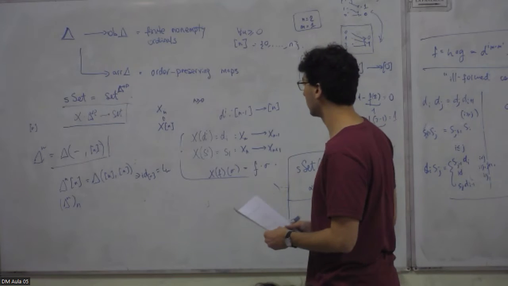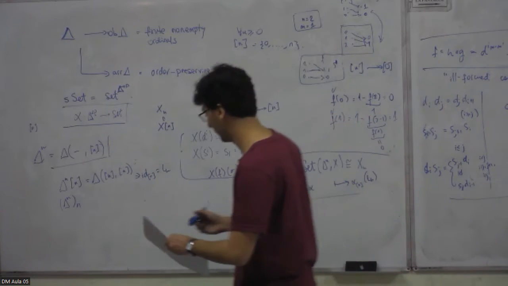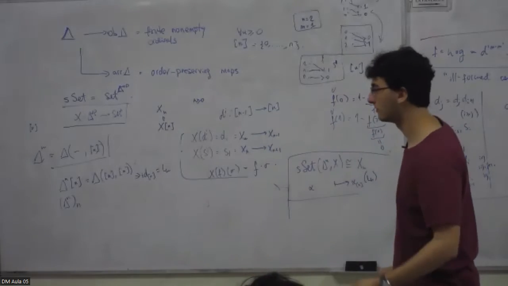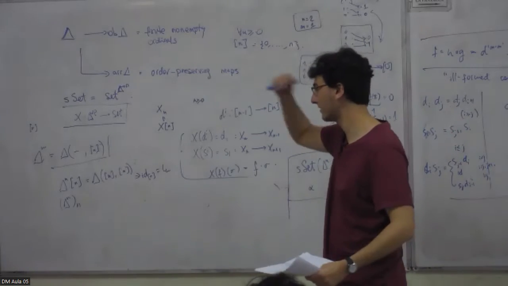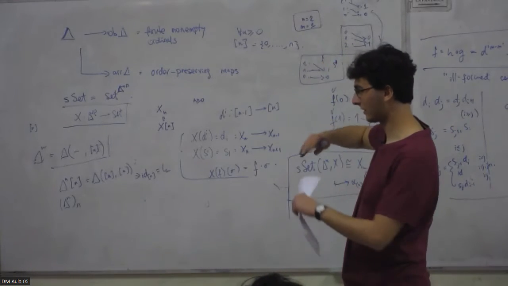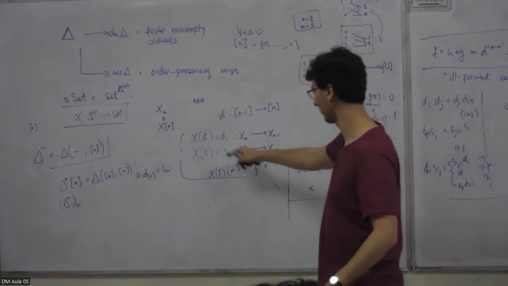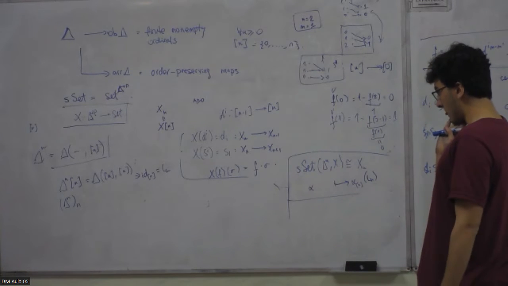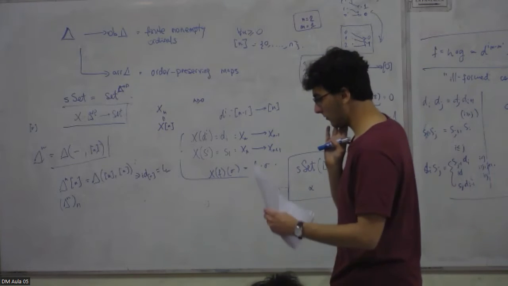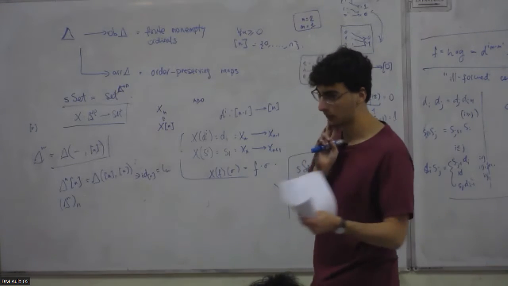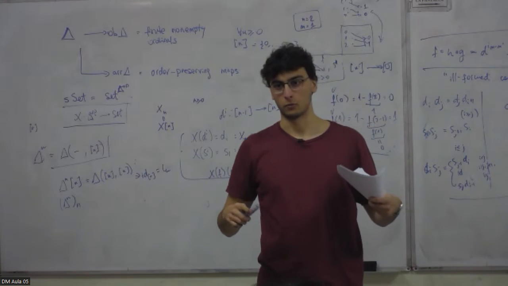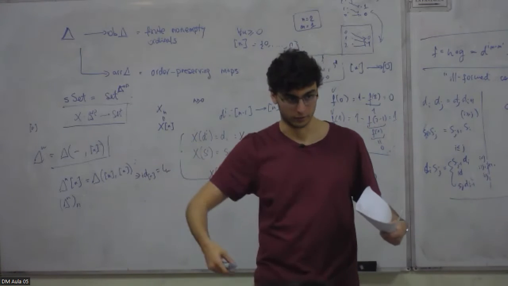Okay, and now another example. In this pedestrian view of simplicial sets as sort of modules over this opposite category, you can stratify sets with these actions of the faces and the degeneracies. You can define a notion of simplicial subset of a simplicial set, which is basically a subset closed under this action, right?